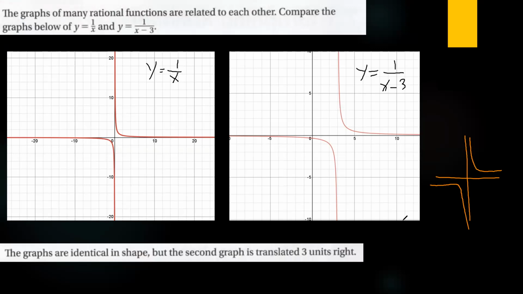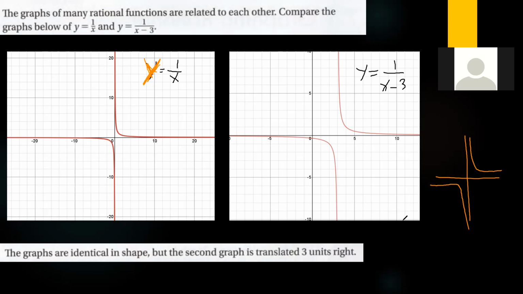For the first one, 1 over x, what is the excluded value? Teacher, it is 0. Exactly, 0. So what's the meaning of 0 on the coordinates? It's the axis.